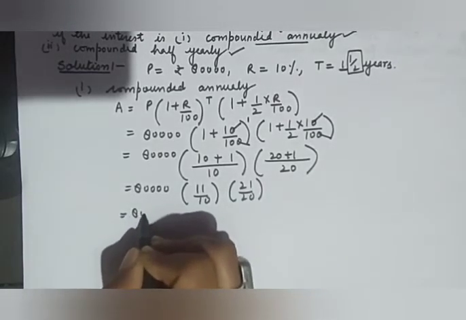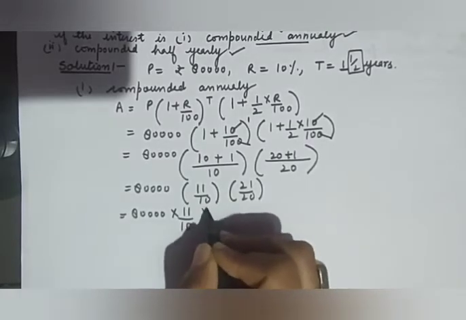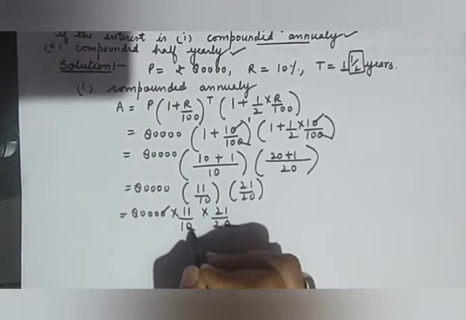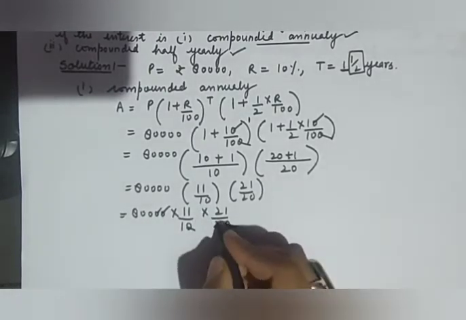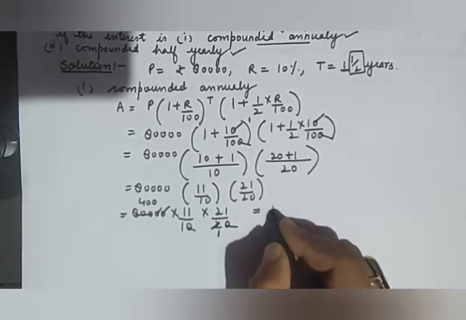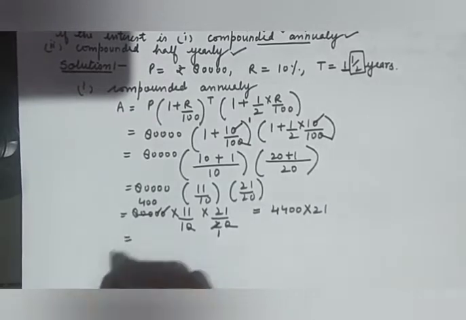So it is 80,000 into 11/10 into 21/20 here. This 0 and this 0 will be cancelled. This 0 and this 0 will be cancelled. 2 ones 2, and this is your 400 here. So how much will I be getting? 4400 into 21. So definitely what will be my amount?